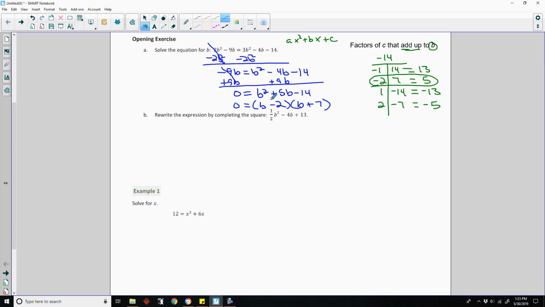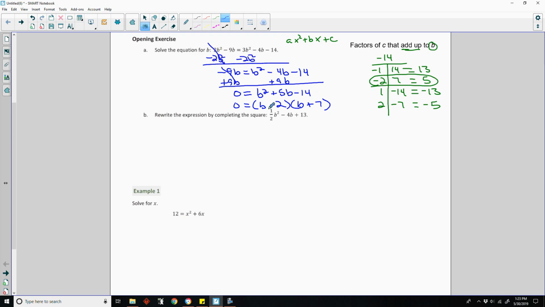Okay, so we have in math a really important property called the zero product property, which states that if you multiply anything by 0, you get 0. So if this were 0 and this wasn't, it would still equal 0 because 0 times anything is 0. If this parentheses was 0, and this wasn't, 0 times anything is 0.